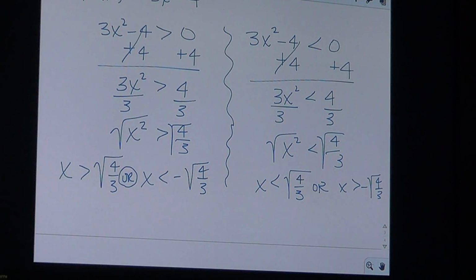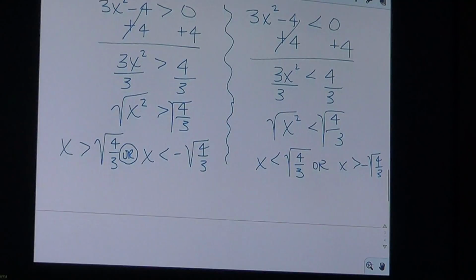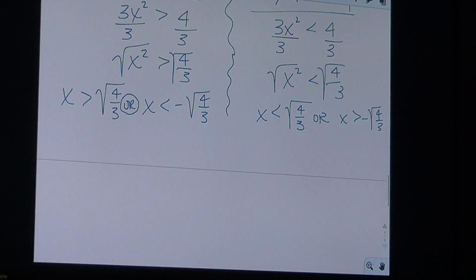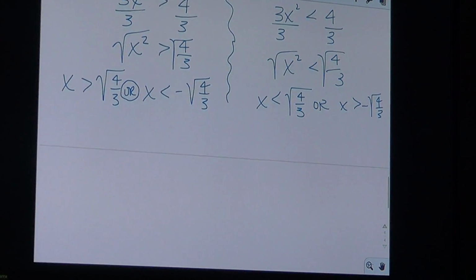The fun part is writing the intervals in interval notation. So where is the function increasing?